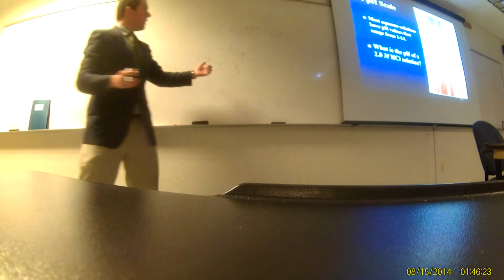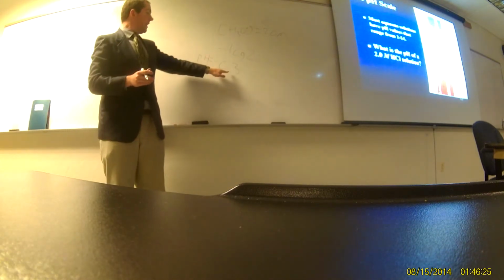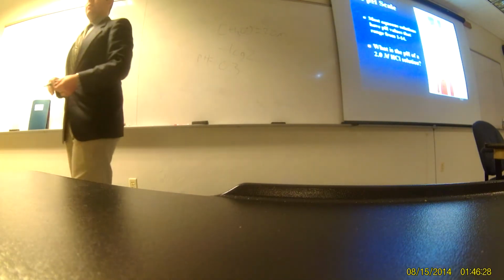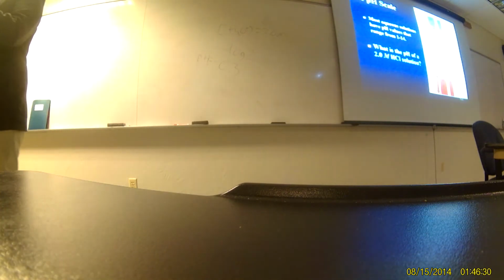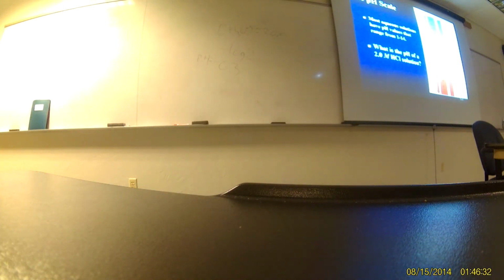This is 2 molar HCl, and it's already well out of the range. The bottle of hydrochloric acid that the stockroom uses is 16 molar, so it's even more negative.